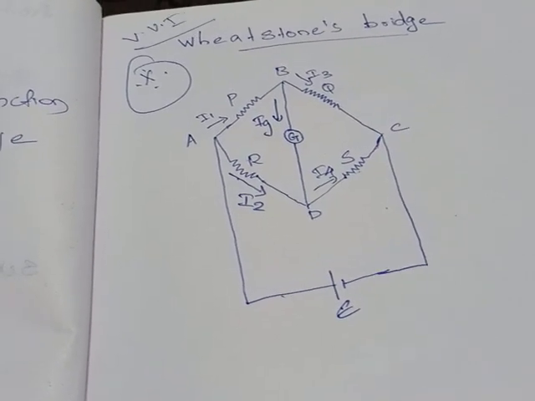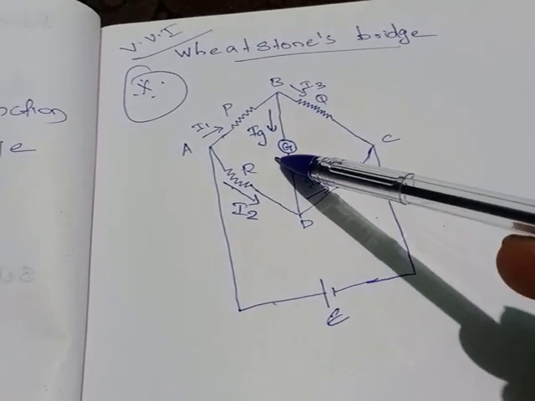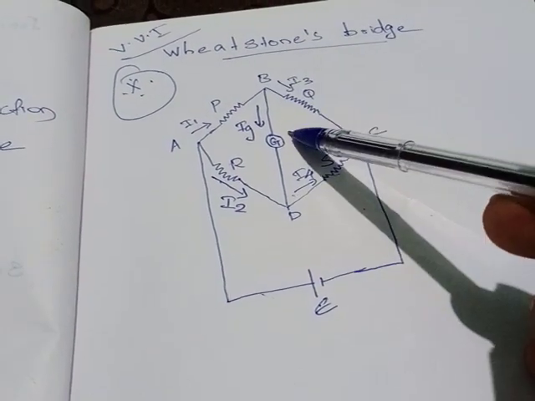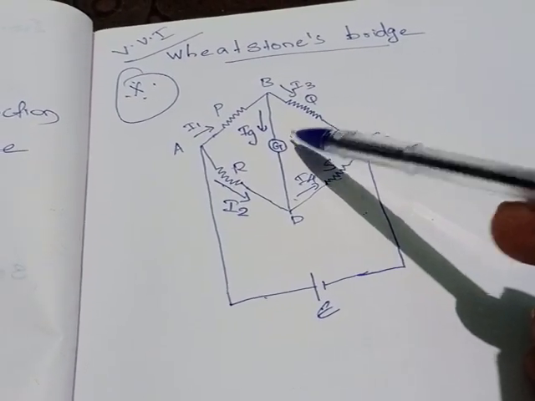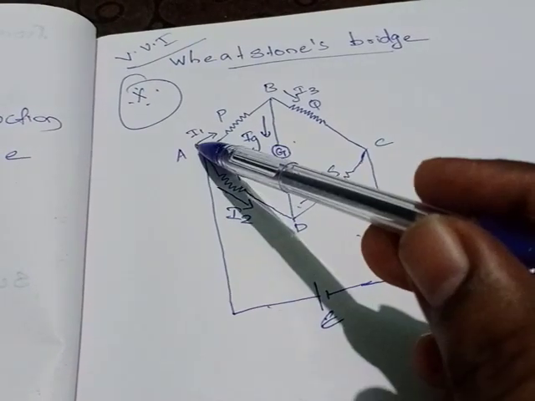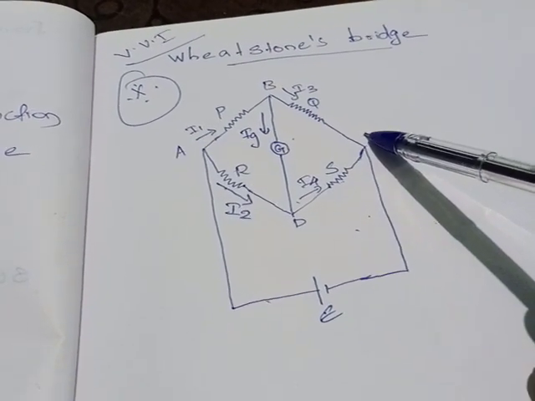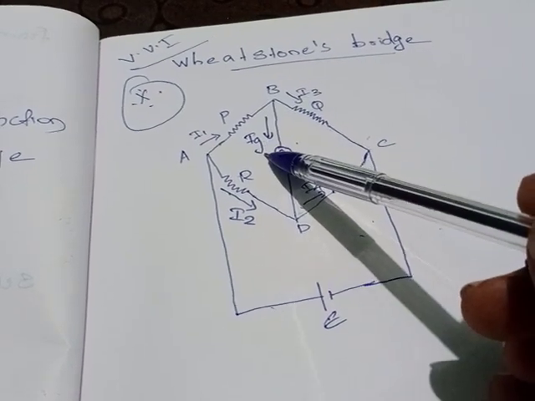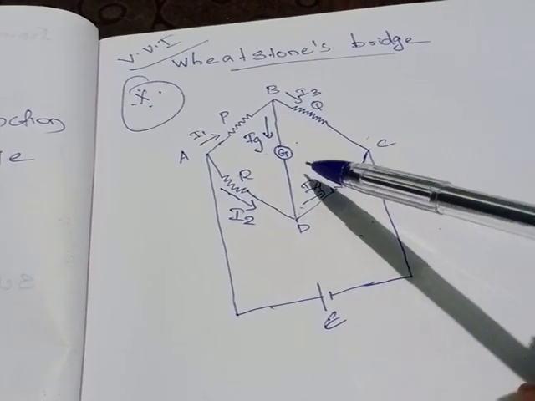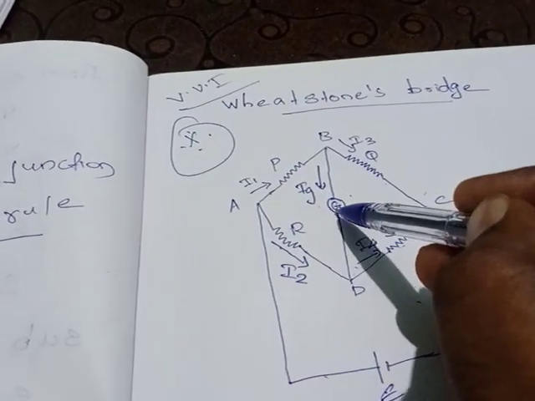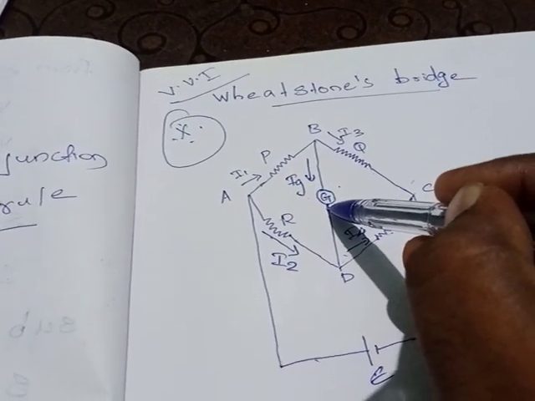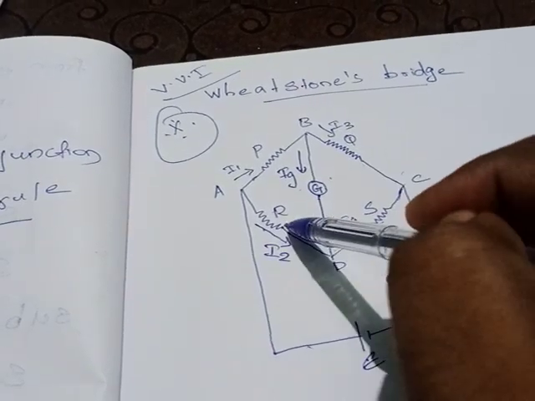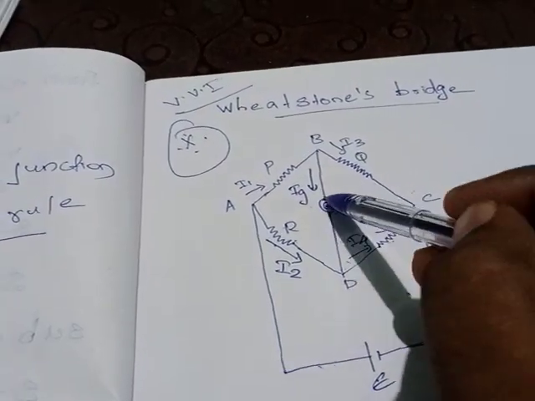Then one galvanometer is connected between the 2 points B and D. Then one battery is connected between the points A and C. The current through the galvanometer is taken as Ig and its resistance is G. Here the resistances are P, Q, R, S, and the galvanometer resistance is G.